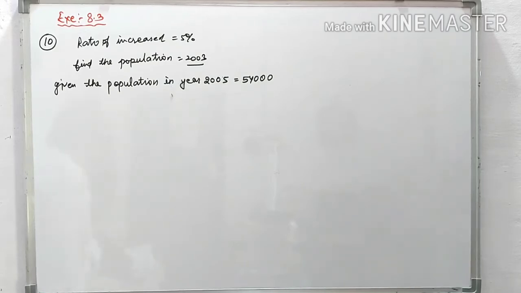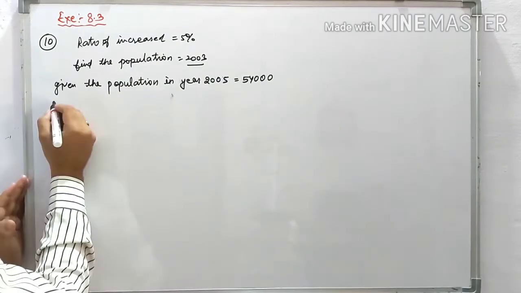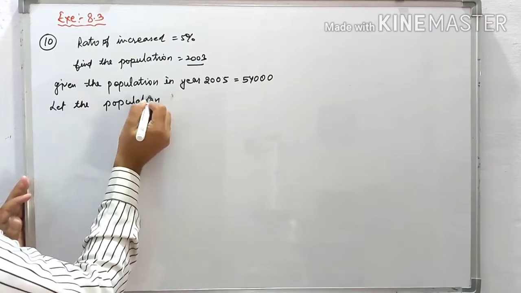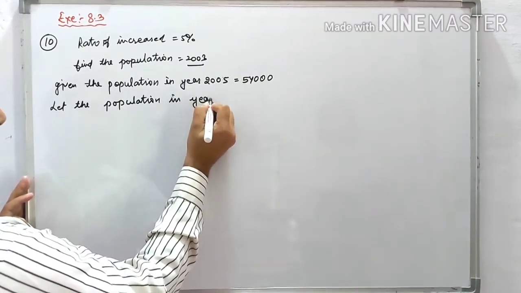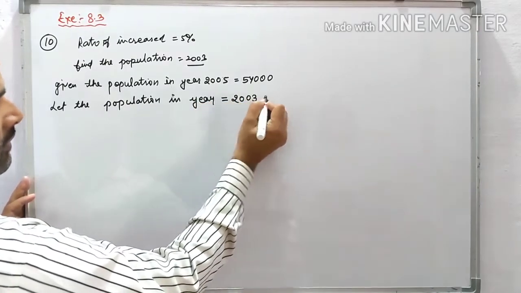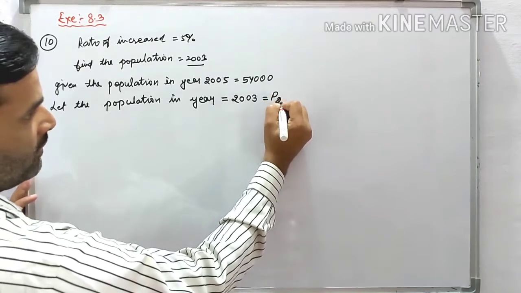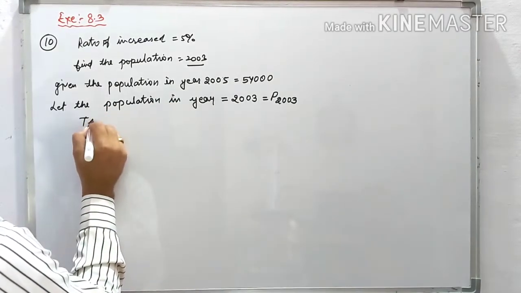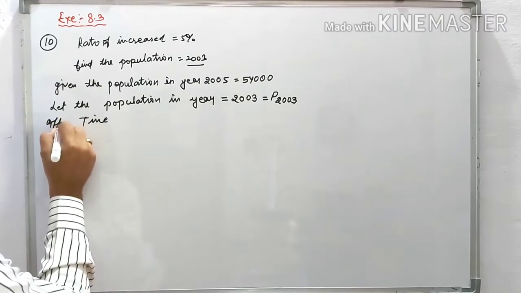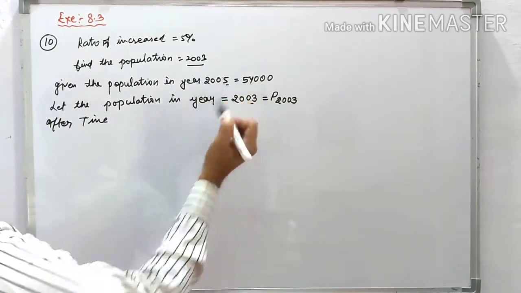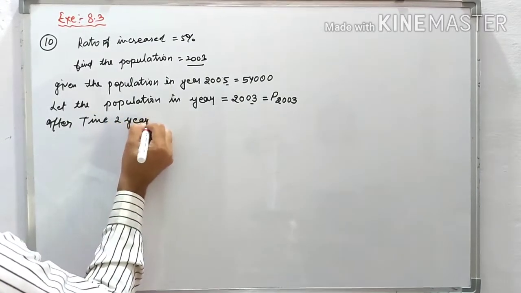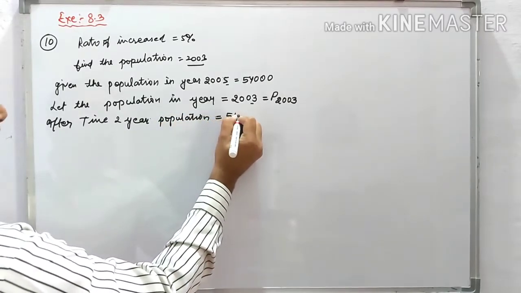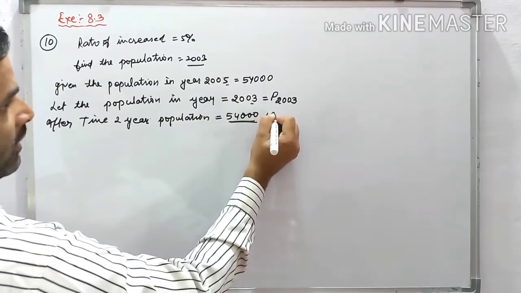Suppose the population in the year 2003 is P. After 2 years, because 2003 to 2005 is 2 years, the population increases to 54,000. It means that this is the value of the amount.